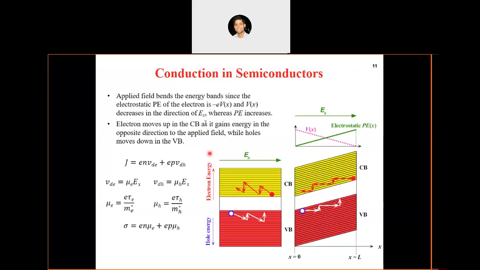Another question: holes are moving upwards in the direction of electric field, but it is written inverse in the second point. No, see, they are moving upwards after the collision. That is not true actually, because what you can see here in the figure is that when the hole is starting at this position, its energy is higher, because these are the energy bands, right?